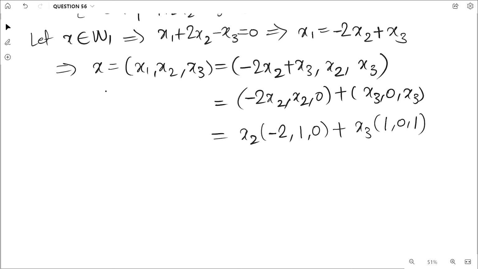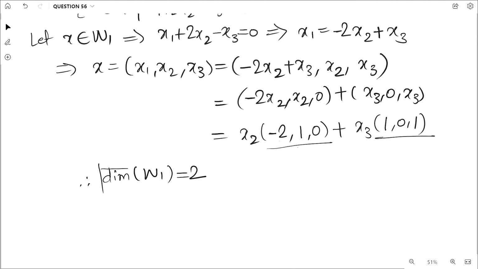Thus, W1 is nothing but the span of these two vectors. As we can see, these two vectors are linearly independent as well because they are not scalar multiples of each other. So these two vectors form a basis for W1. Therefore, the dimension of W1 is 2.